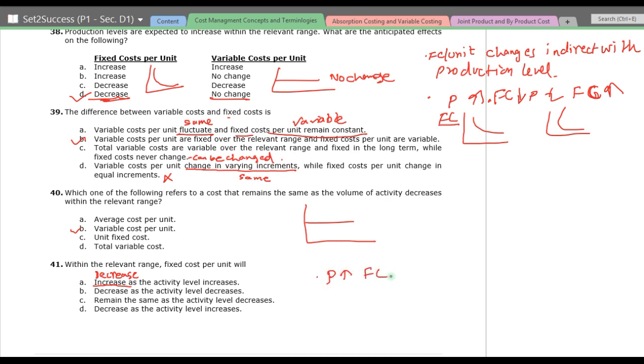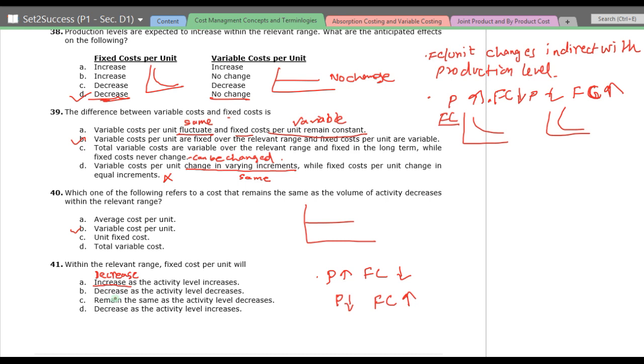Fixed cost per unit will decrease. And when the production decreases, the fixed cost per unit will increase. So it is inverse. The fixed cost per unit changes indirectly with the production level. So it decreases as the activity level increases.